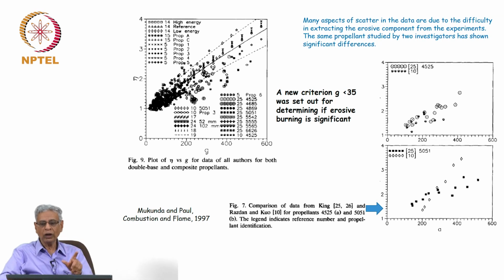We showed that the same propellant, fortunately there was data available with the same propellant being examined by both Kenneth Kuo as well as King, and the data show that there is a sufficient scattering of the data plotted in the same format. The data of both the people is put together. You will see for two of these propellants there is sufficient scatter. Now, this scatter has not come about from anything else excepting the accuracy of the experiments.